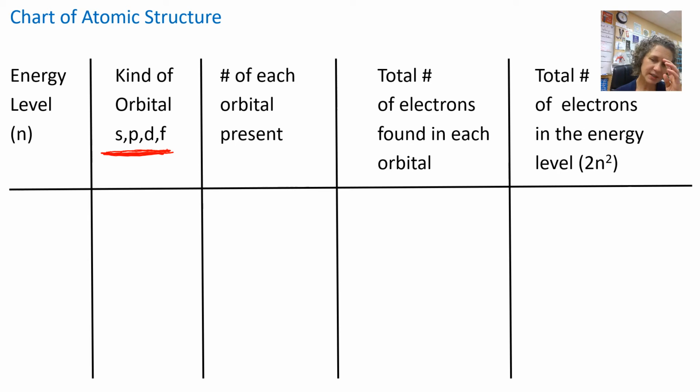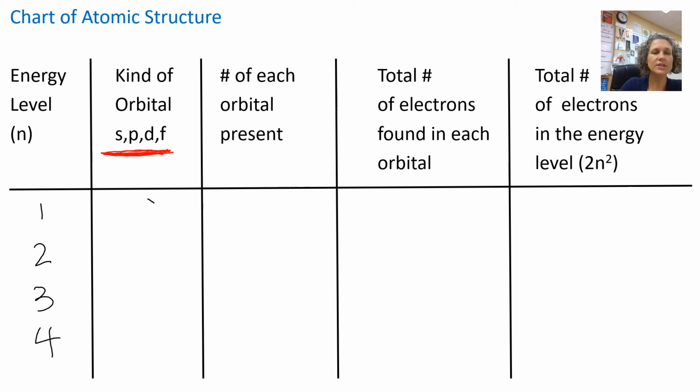They based this on the first 4 energy levels. And so as we fill this out, you're going to have 4 energy levels, just 1, 2, 3, 4 in that first little spot. And then as you go through, how many and what kind of orbitals are in those energy levels. That first energy level is the closest one to the nucleus, so it's the most simple.